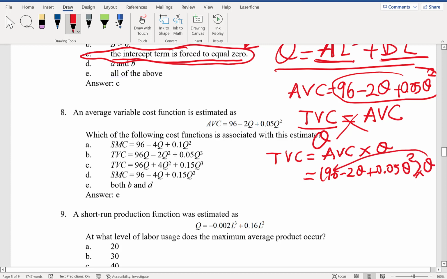This spreads over each term in the parentheses. So it's going to be 96q minus 2q raised to the power 2 plus 0.05q raised to the power 3.